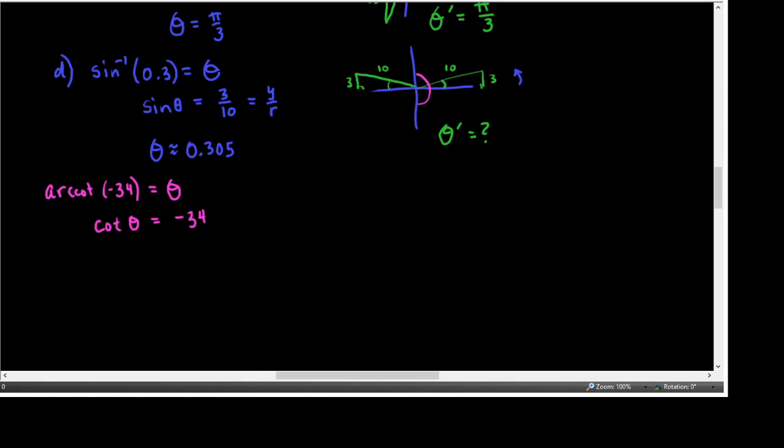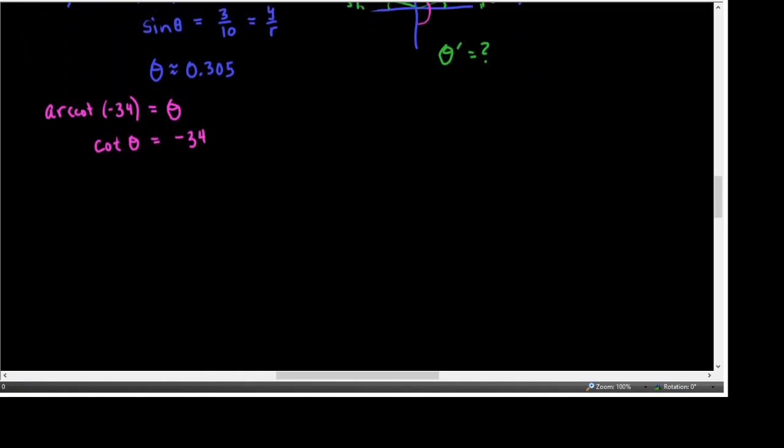But then instead of thinking the definition, because this is a calculator active problem and there is no cotangent inverse button, I'm not even going to draw a picture over there to the right. I'm going to try to rewrite this problem in terms of something that is on the calculator. Cotangent of theta is the same thing as 1 over tangent theta.